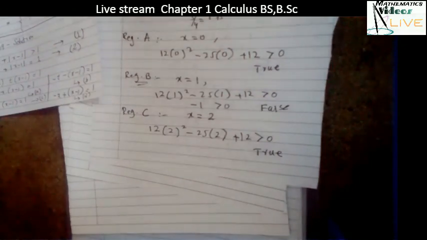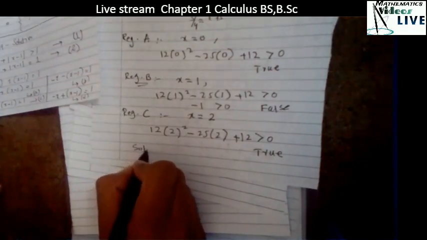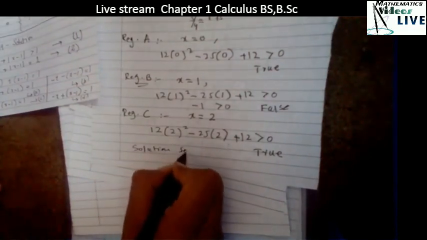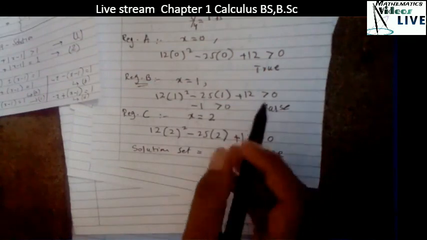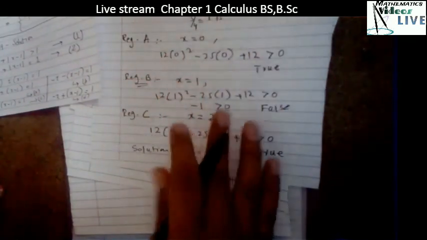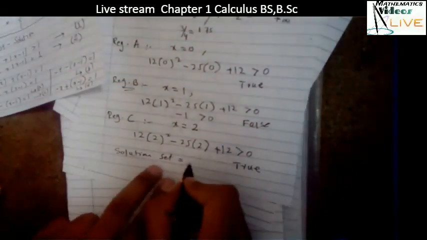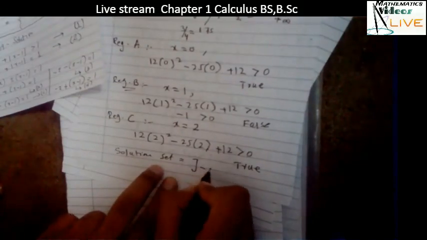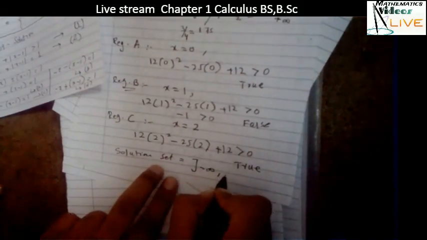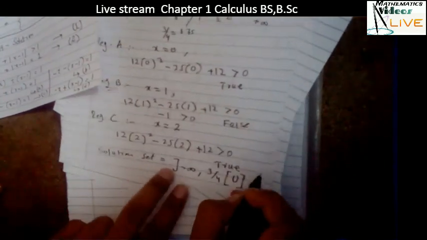We will take x is equal to 2 as a test point of this region, and we will substitute it into our given inequality, this one. After putting it here, you get 12 times 4 minus 25 times 2 plus 12 greater than 0, and this is true.